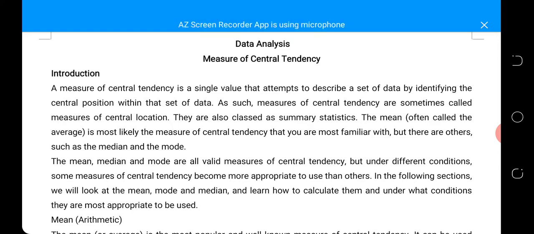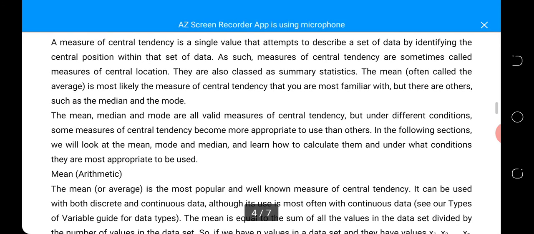The mean, which is often called the average, is most likely the measure of central tendency that you are most familiar with, but there are others such as the median and the mode.